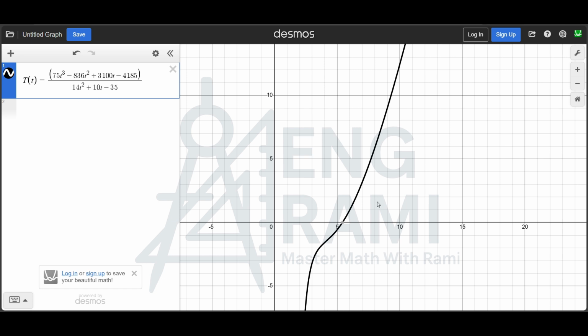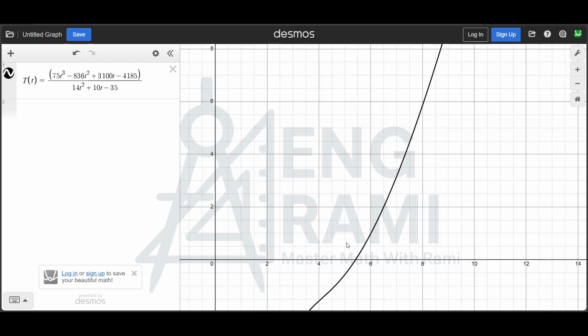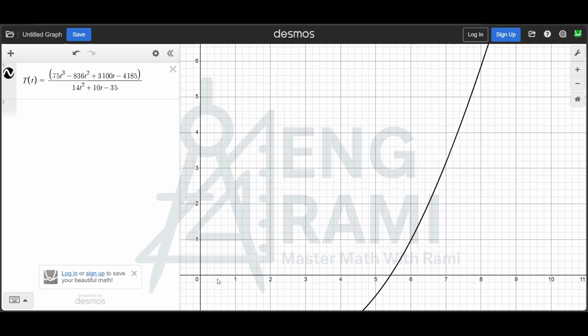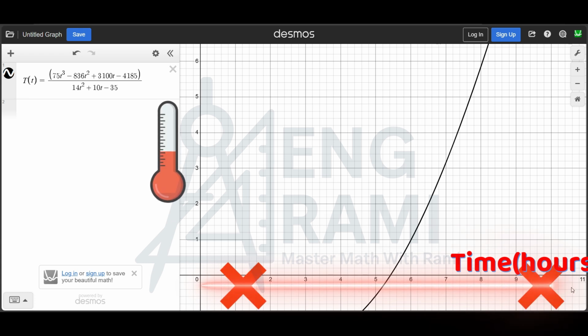As we know, here is time in hours. Here's the x-axis, which is the time in hours, and here is the y-axis, which represents the temperature. We know that less than 2 is not in our answer, and greater than 9 is not in our answer.